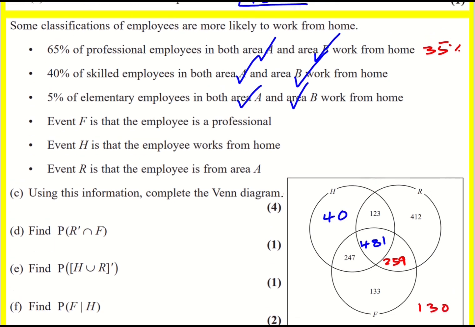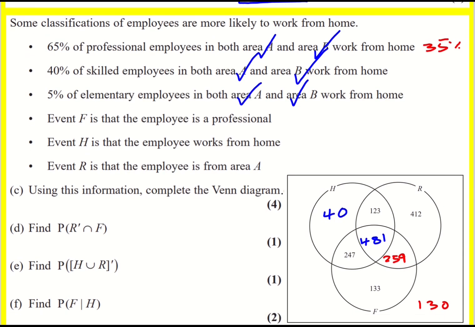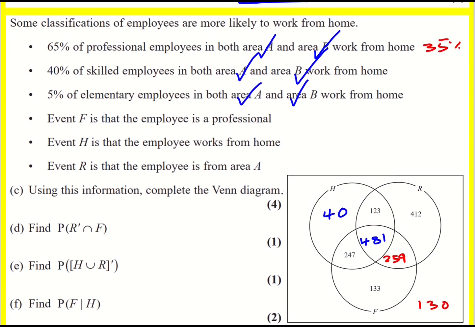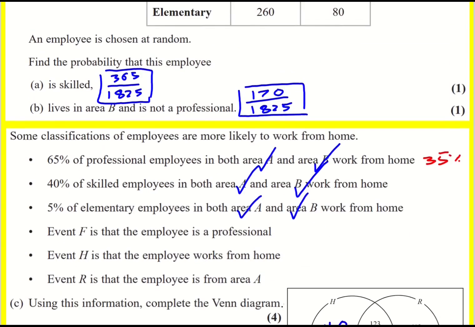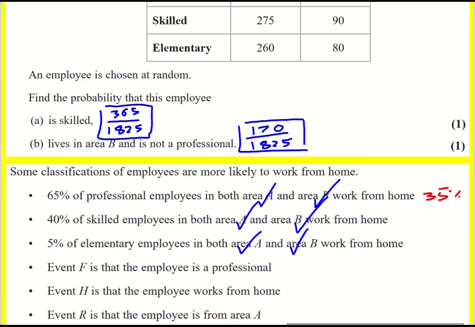But maybe it's best to just check and do it another way, because this is the very last one, so we'll know if we've done it right for sure. So let's just look at this again. It was area B, not professional, don't work from home. So that is 60% of these people and 95% of these people.